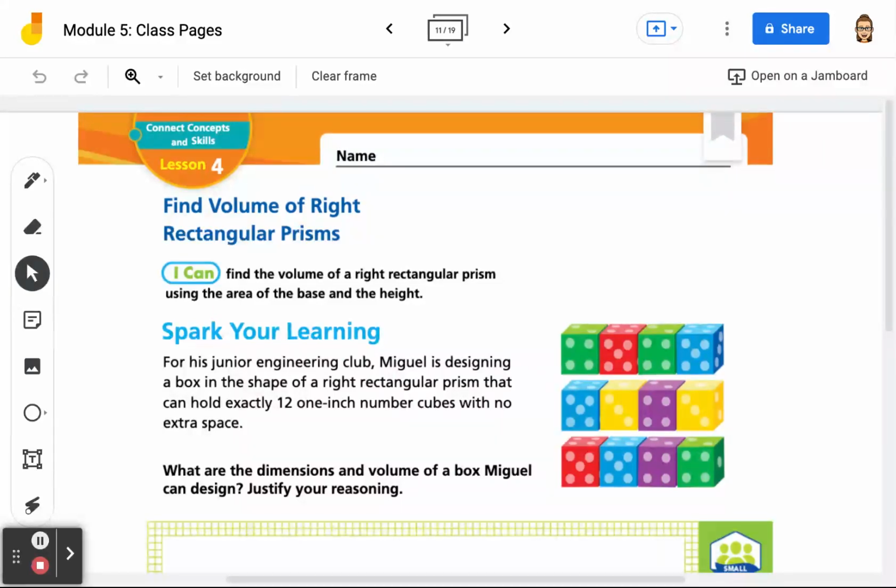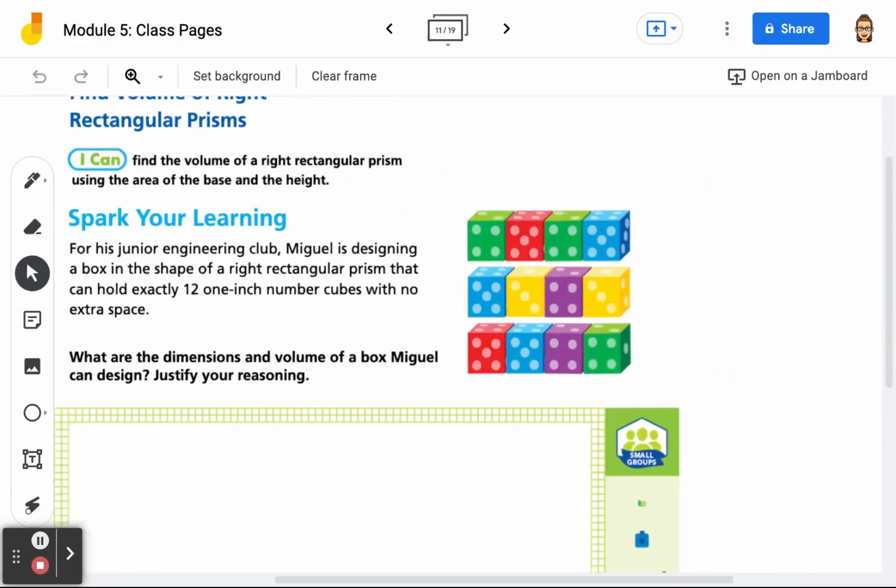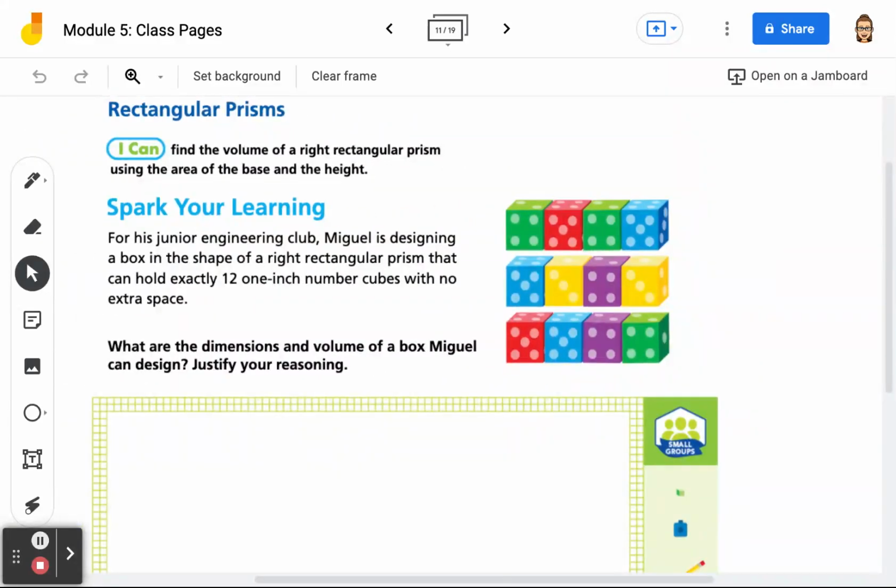Well, if we look, it says they can hold exactly 12 1-inch number cubes with no extra space.